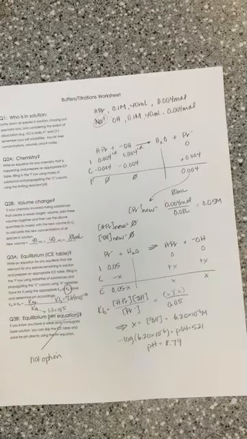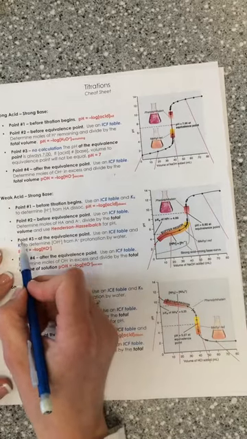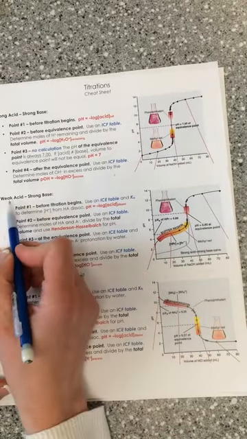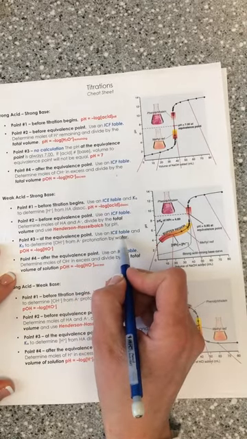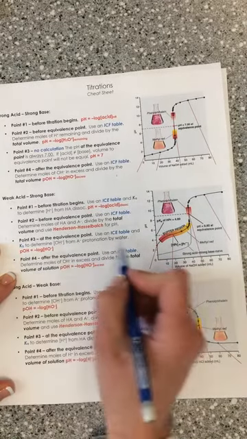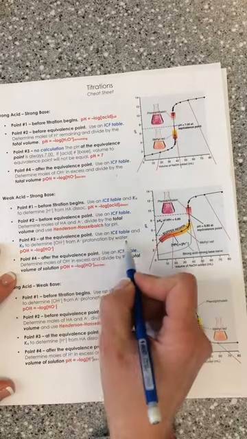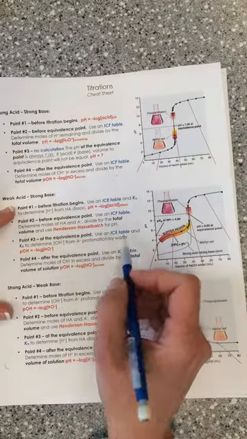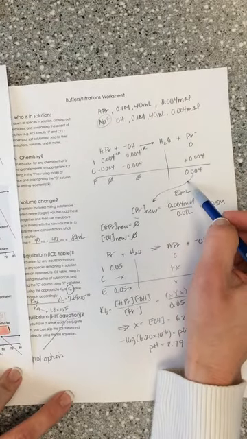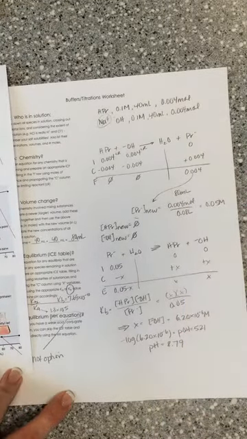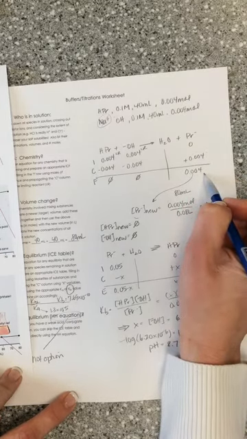So mapping this in again onto our cheat sheet here, if we are at the equivalence point of a weak acid, strong base titration, we use an ICE table in Kb to determine the hydroxide concentration when we have A minus protonated by water. We didn't really specifically say, but we did use an ICF table to figure out the number of moles of the conjugate base that we made.